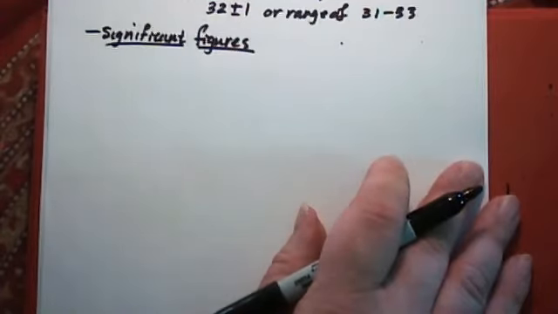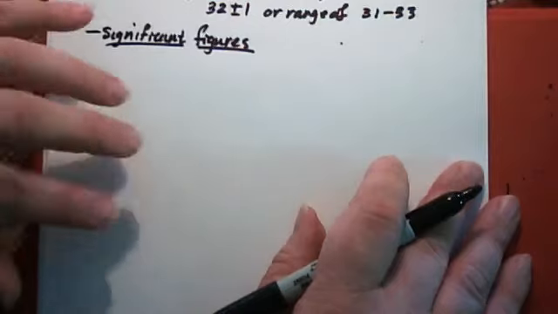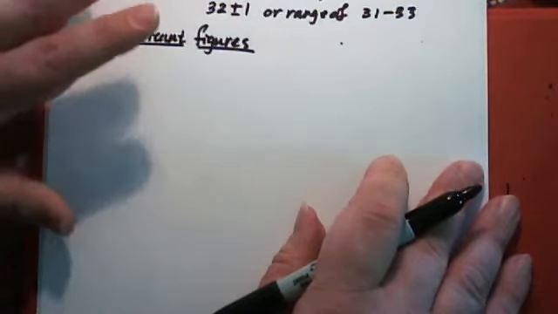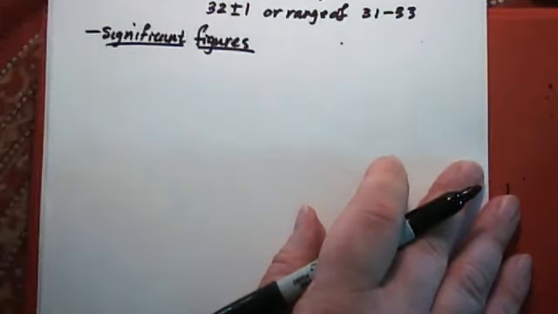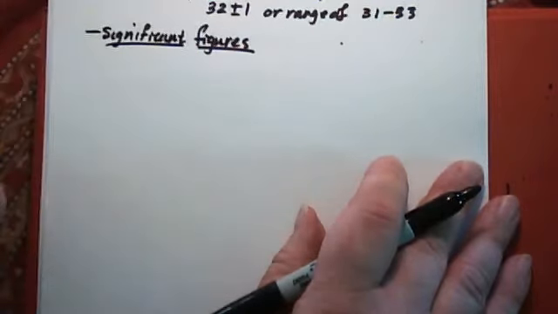So if you keep track of the significant figures in all of your measurements, you'll know how accurately you know them. And then when you take those measurements and use them in calculations, you will know how accurately you actually know the result of that calculation.